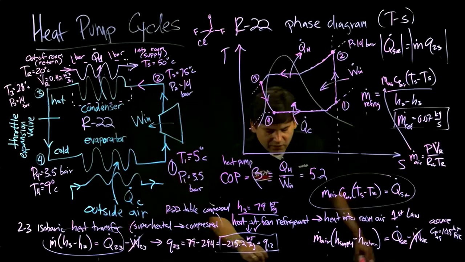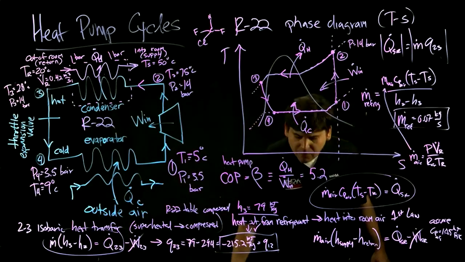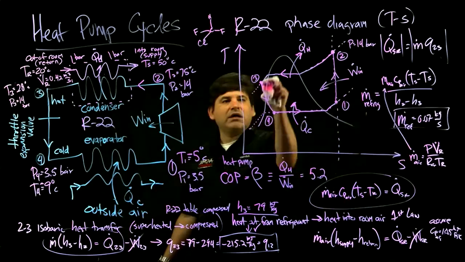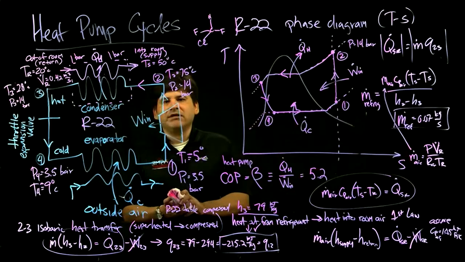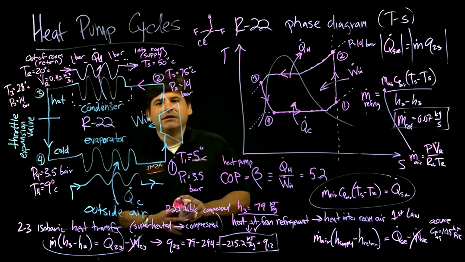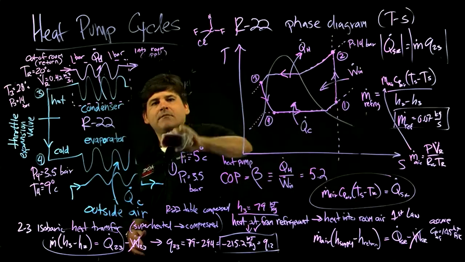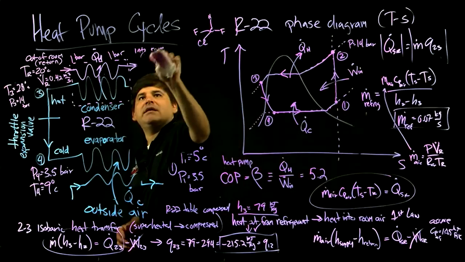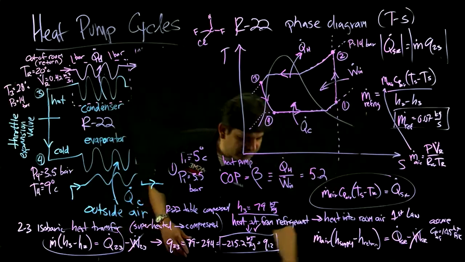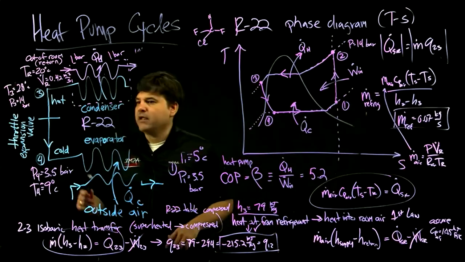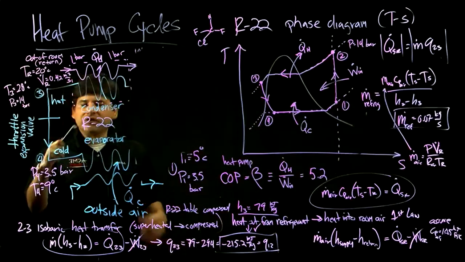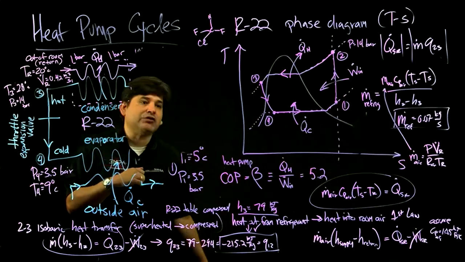Okay, so another note is, what is this throttling process? A couple of interesting things about this throttling process. Not all molecules have this response. They need to go from high pressure to low pressure, and the response should be a temperature drop.